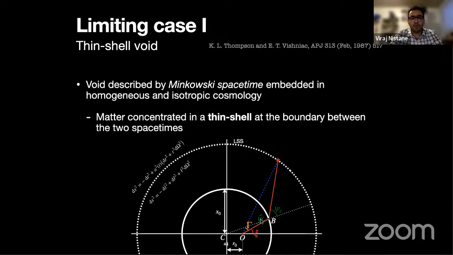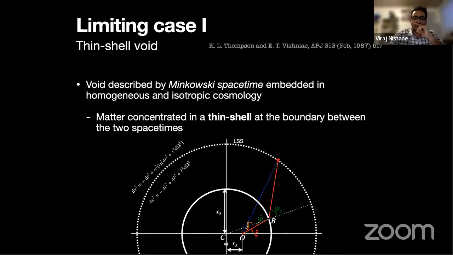There is no matter here, and hence it is described by Minkowski spacetime, and it is surrounded by homogeneous and isotropic cosmology, described by the normal FLRW metric. And the idea is that matter inside the void is concentrated in a thin shell at the boundary between these two different spacetimes, and hence the name thin shell void model.